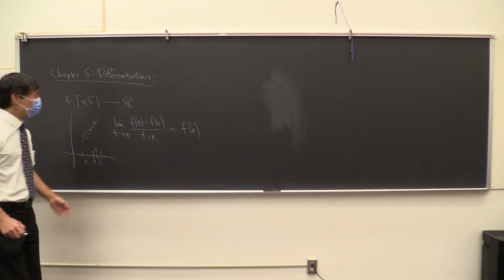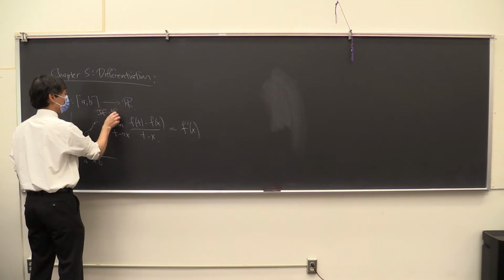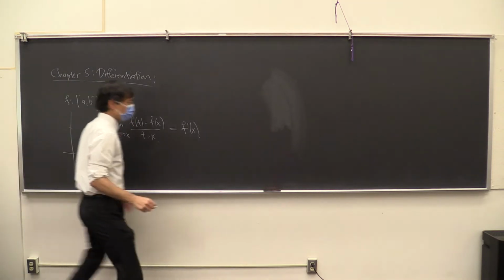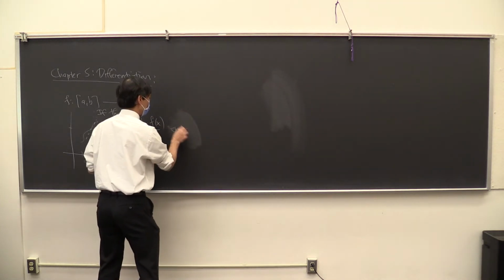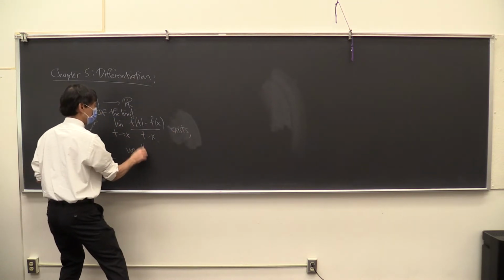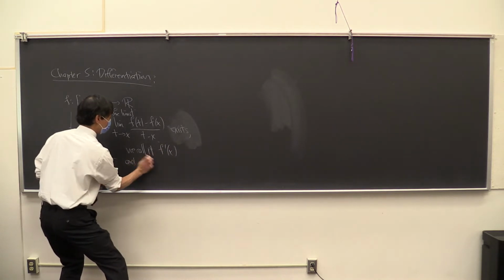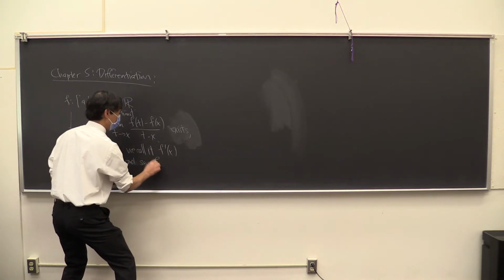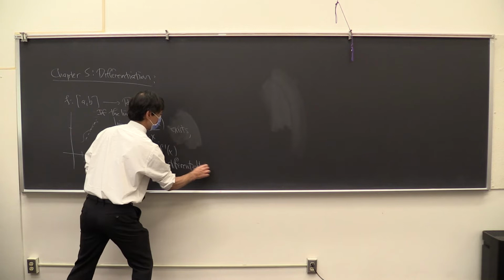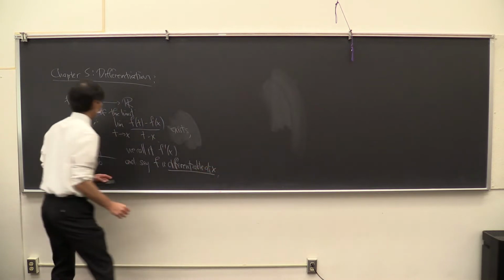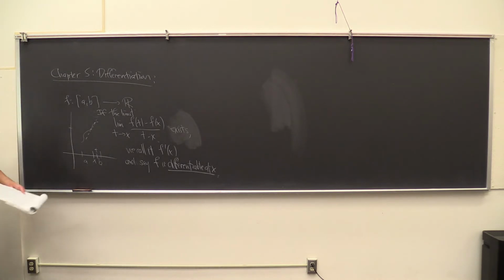So if the limit exists, we call it f prime of x and say f is differentiable at x. Okay. So that's your old calculus definition, and it's actually our definition here.